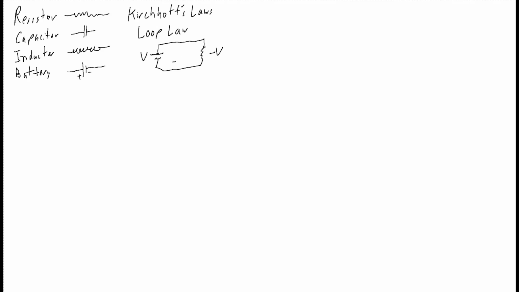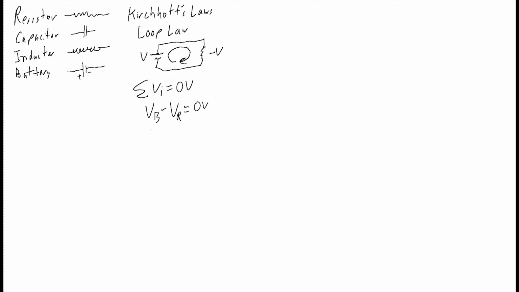And so as you go around the loop of a circuit, we have that the sum of voltages going around the loop is equal to 0 volts. As we go around this guy here, we have the voltage of a battery minus the voltage of our resistor, and that is equal to 0 volts, like so.